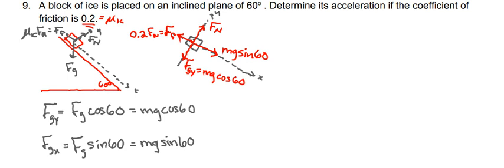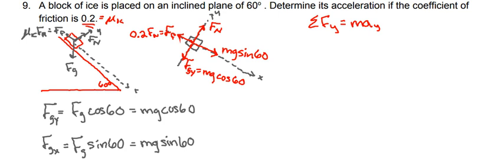Moving forward. If you look in the y direction, so up and down, you would say the sum of the forces in the y direction is equal to the mass times the acceleration in the y direction. That's Newton's second law. But is this accelerating in the y direction? Is it lifting off in the y direction?